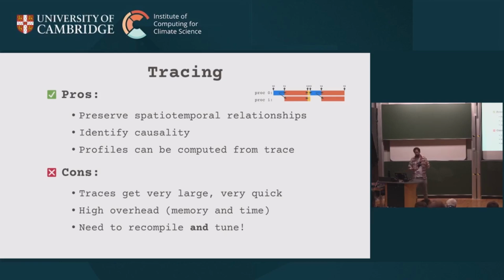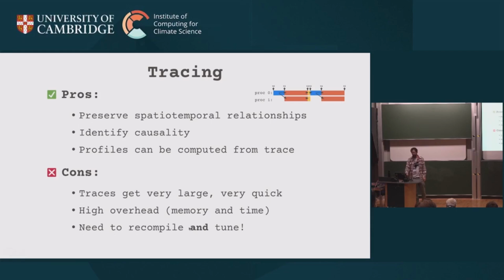Just as an example, for the ICON code, I looked at using tracing, and I found that to run it for less than a minute on a single process, it generated 2 gigabytes of data. If I was going to run that for production level, where we were using 2,000 processes, we'd be looking at terabytes of data per minute, and it was just not feasible. And I needed like 20 minutes of run to do something meaningful, so I couldn't use tracing.